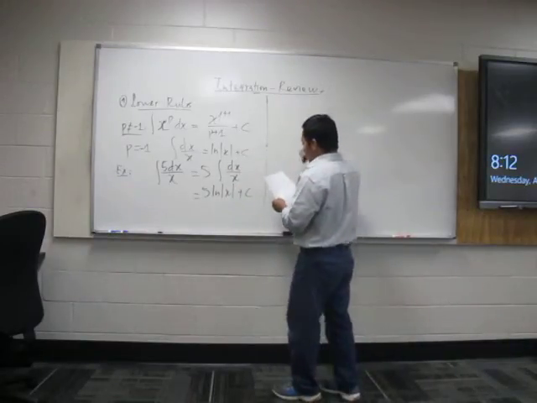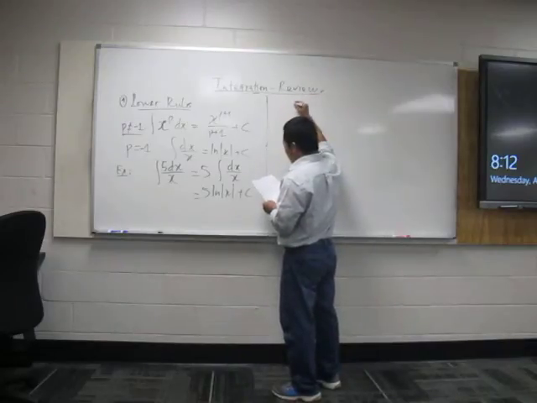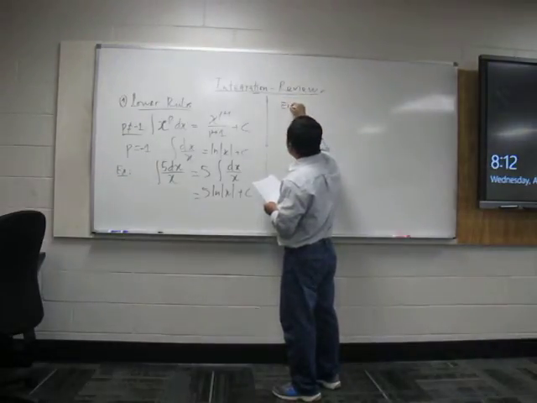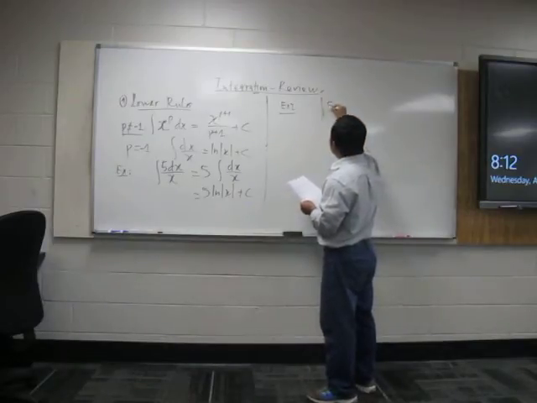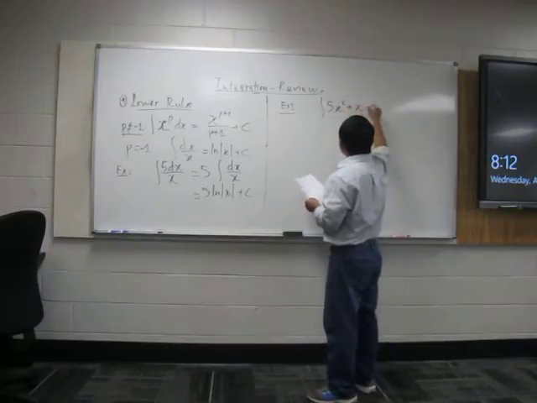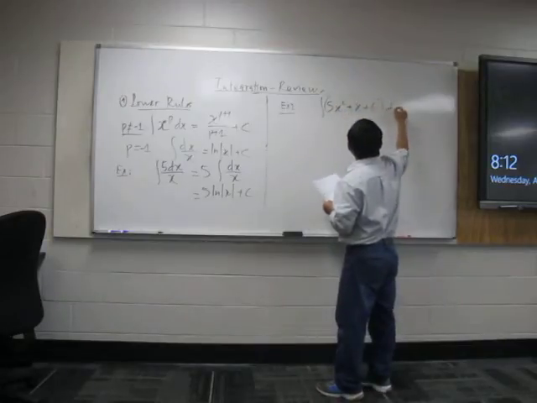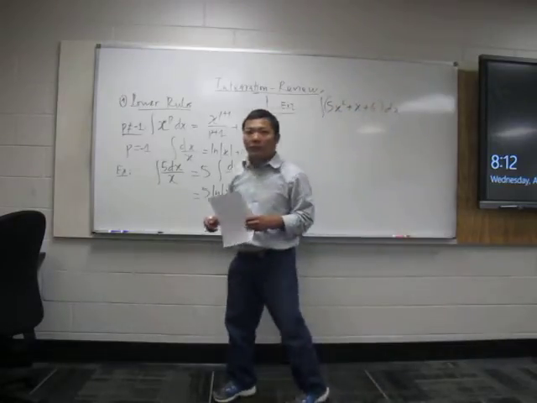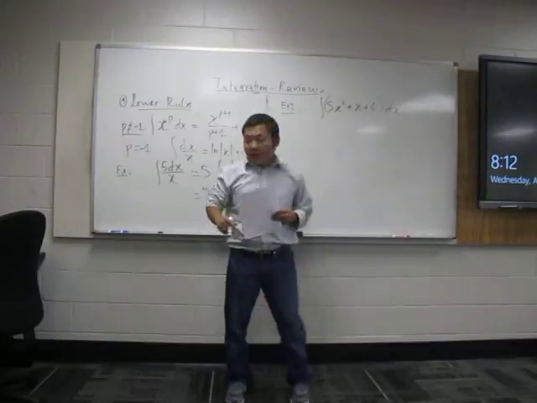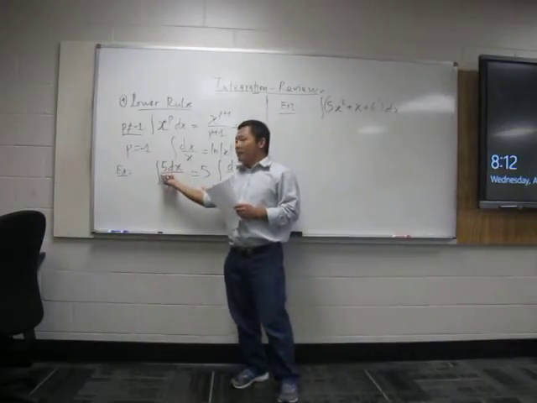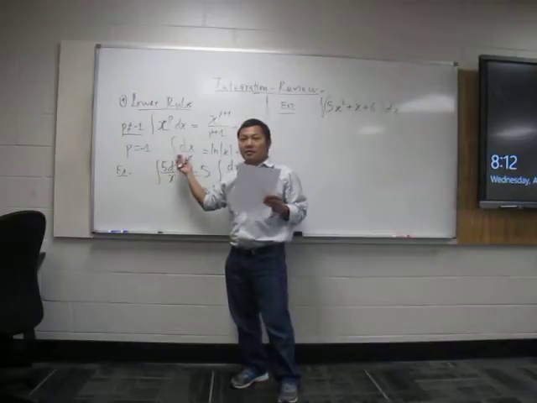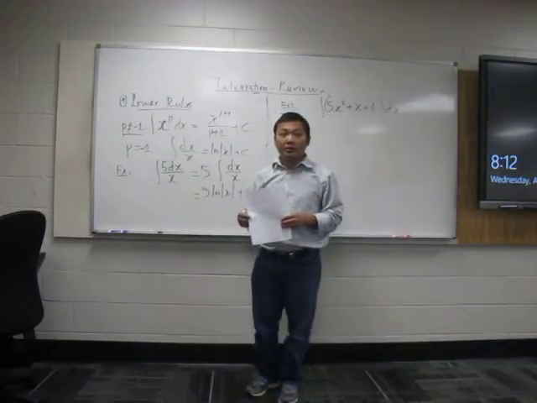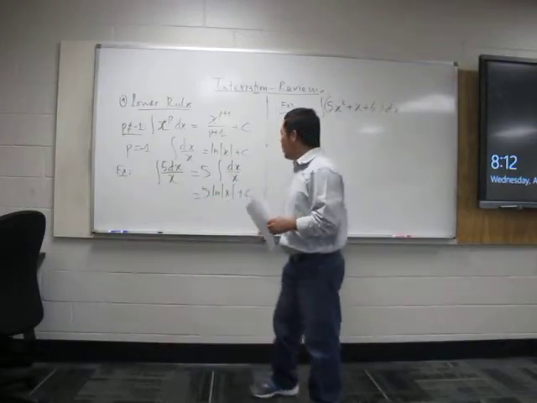The second problem, also on the power rule: find the definite integral of 5x squared plus x plus 6 dx. In here, we have one property: when you multiply a function by some number, you can just evaluate the integral of that function with that number.